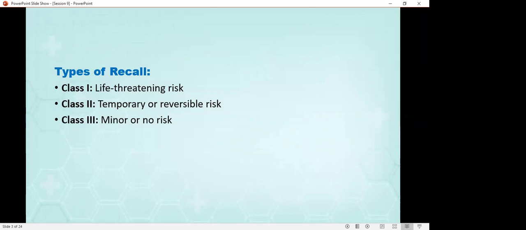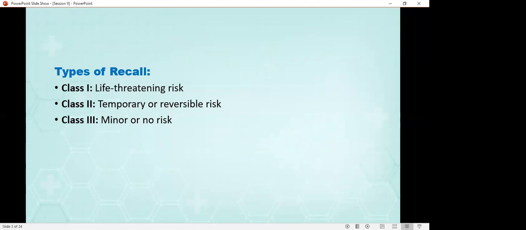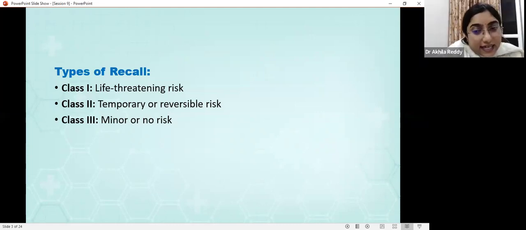Because of the addition of the wrong additive. It was life-threatening for the children. Yes, it is life threatening because a few children got the life threatening risk, so immediately it got a drug recall.